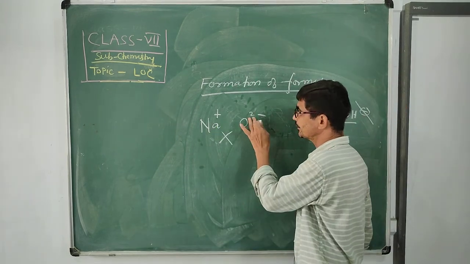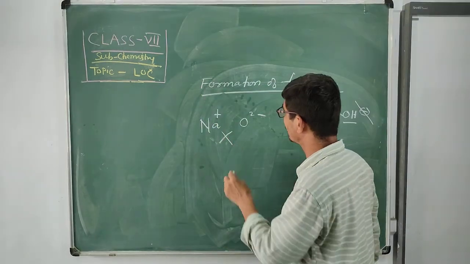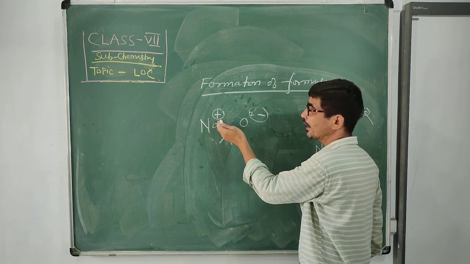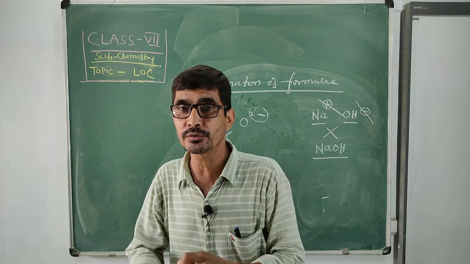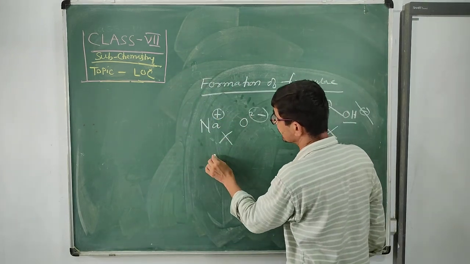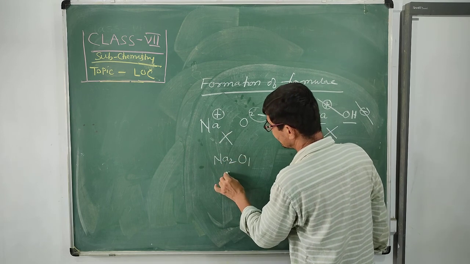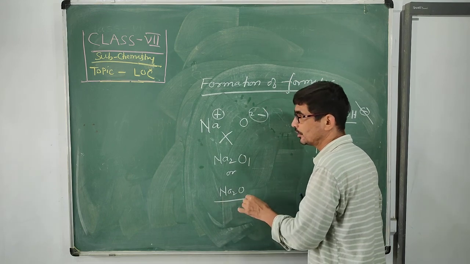So charges are opposite, positive and negative, but not equal in number. One positive here and two negative here. In case of unequal number, both are not cancelled. Both are exchanged, and form Na2O1. It means Na2O. This is called sodium oxide.